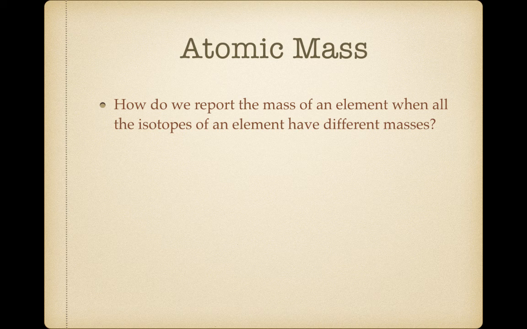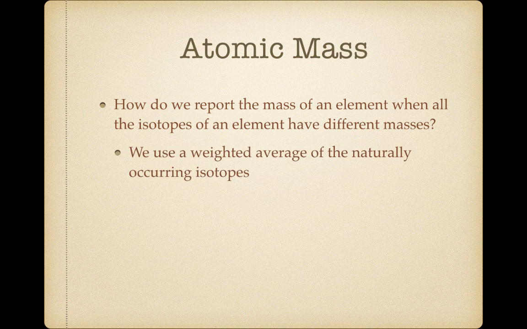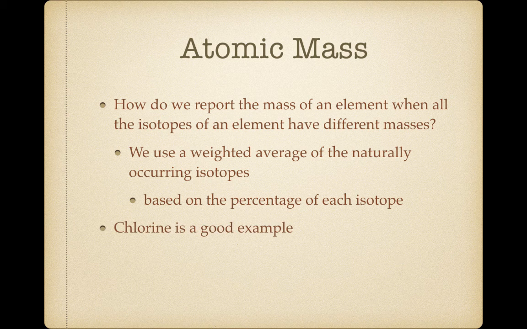And how do we report the mass of an element if you have several different isotopes present, and all those isotopes have different masses? What we use to get the atomic mass is a weighted average of all the naturally occurring isotopes. And a weighted average is something that takes into account the percentage present of each of the different isotopes.